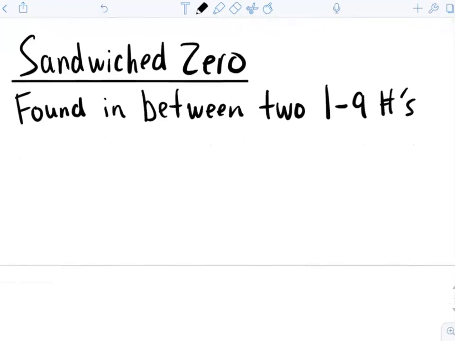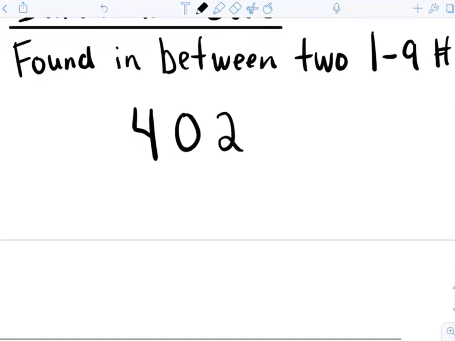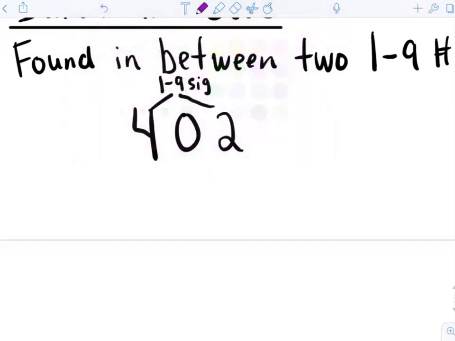So for example, if we had the number 402, now what we're going to do is we're going to assign a category to each one of these digits. So I know that 4 and 2 are going to be 1 through 9, so they are significant. Now this 0 right here, it is sandwiched in between two 1 through 9 numbers, meaning that there is a 1 through 9 number on the right side and the left side of this 0.